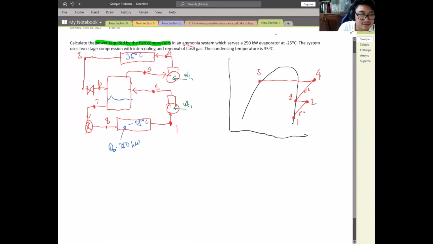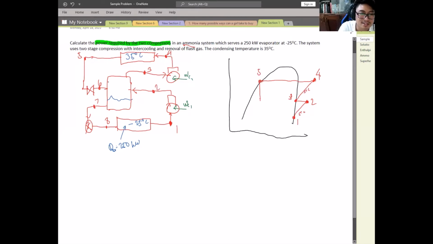Next is pressure reducing valve. Ang tanong dito, hanggang saan po ibababa ng ating pressure? So, ang ibababa ng kanyang pressure is hanggang 0.3 na ito, kasi dadaan siya ng flash tank and isa ang pressure ng ating flash tank, or tinatawag nating pressure of the intercooler.